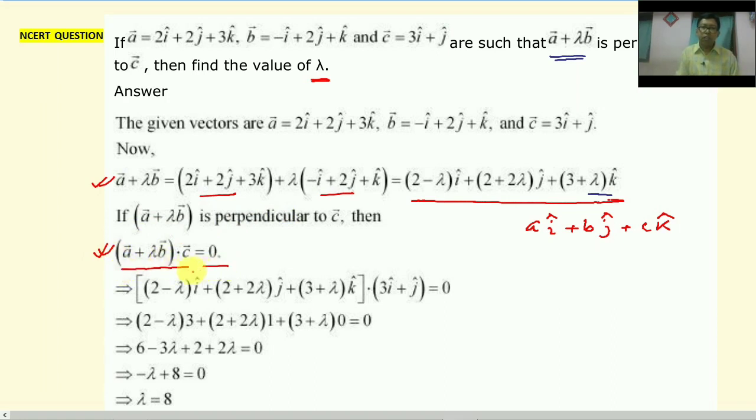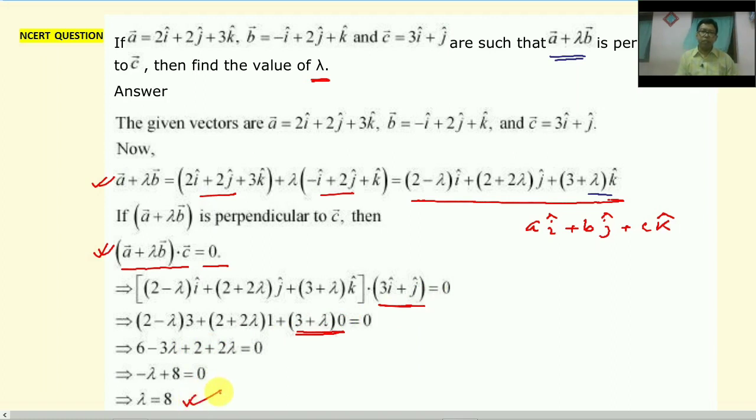So this vector is found and put it here, and dot C, which is 3i plus j. So using the scalar product, you are getting (2 minus lambda) into 3, (2 plus 2 lambda), here j, the coefficient of j is 1, into 1, and there is no k, so for this the part is 0. So 6 minus 3 lambda plus 2 lambda is equal to 0, so lambda is equal to 8.